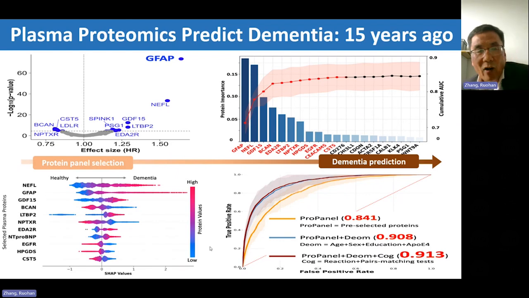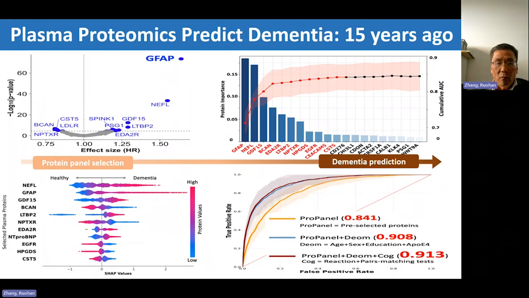It's not a bad job at all. Using just 3 proteins, we can do a pretty similar job already. The AUC could be 0.90, actually, to predict dementia 15 years ahead. That's the paper we published almost at the beginning of last year.